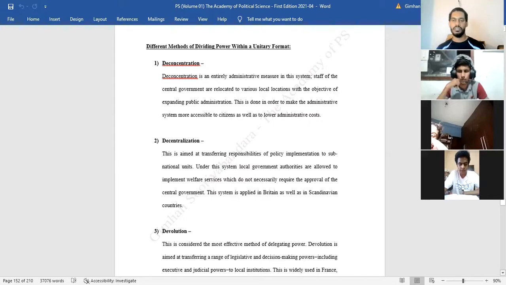Like in Sri Lanka, you still have a Western Provincial Council, but that council has to take prior authority from the central government before doing something, right? But if Sri Lanka was a federal country, our Western Provincial Council could do things without asking the central government because they are independent and they hold a part of sovereignty. Okay, that's what I was explaining.